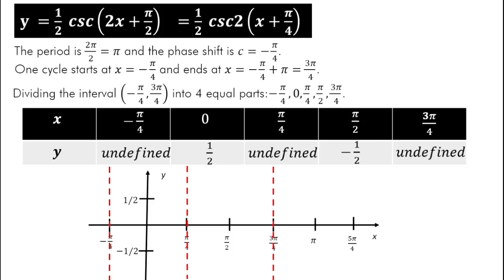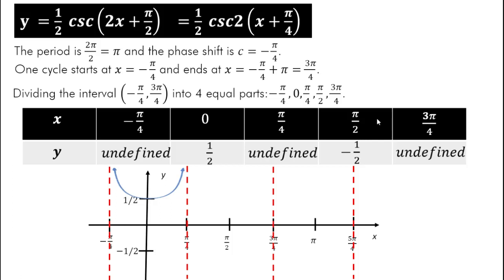Then again, plot it. So 0, 1/2 here is this one. And then all we need to do is just extend it, approaching both asymptotes on the left and the right, the vertical asymptotes here.